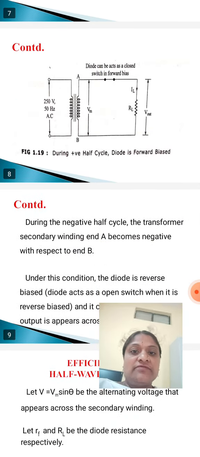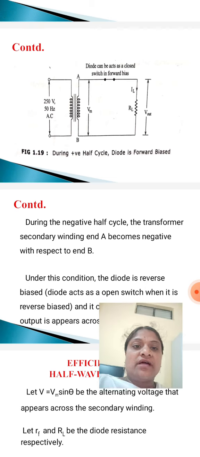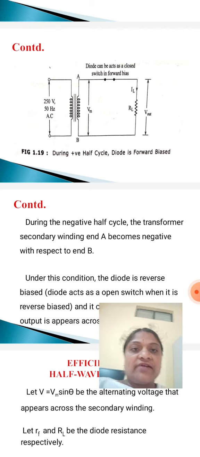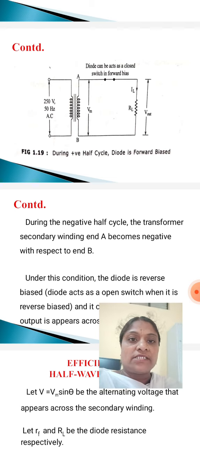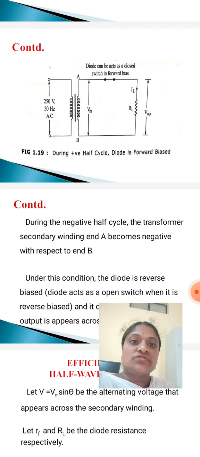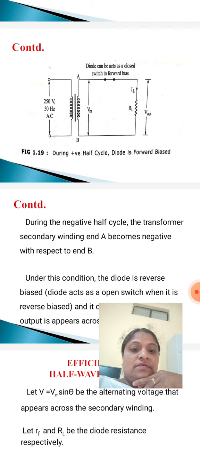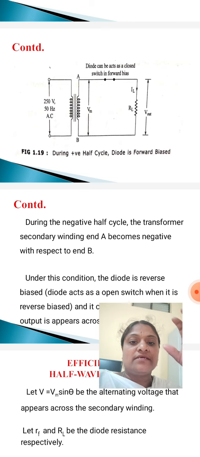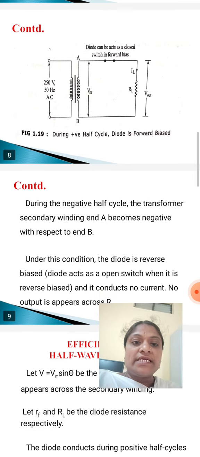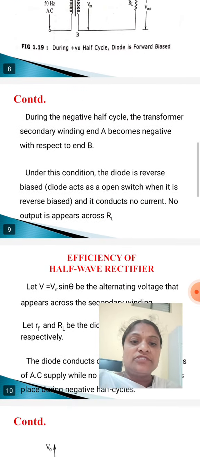Observe this figure: during the positive half cycle the diode is forward biased, acts as a closed switch and conducts current. Under this condition, the output is displayed.